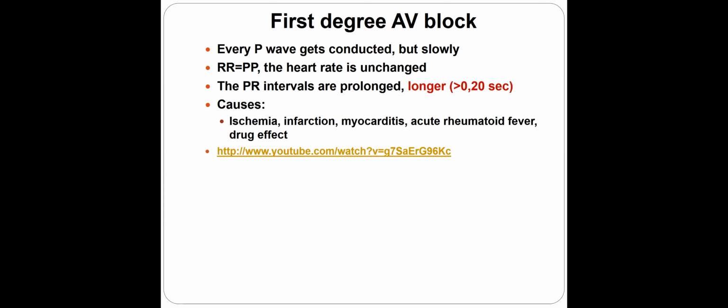But of course, in elderly people, they do have a connection between the rate and the PR interval, but it's a different one, a little bit longer. However, by definition, never ever should the PR be higher than 0.2. All right? So there's no way. Now, what can cause it?